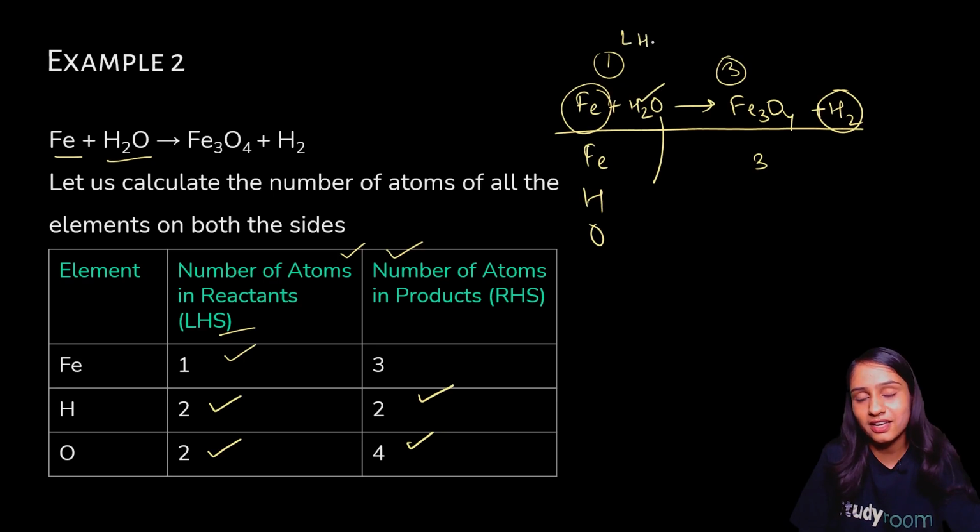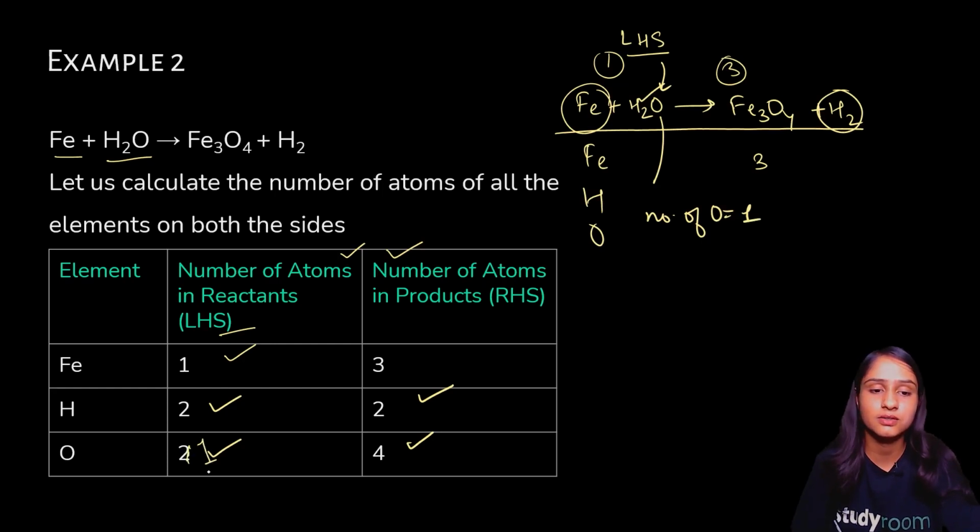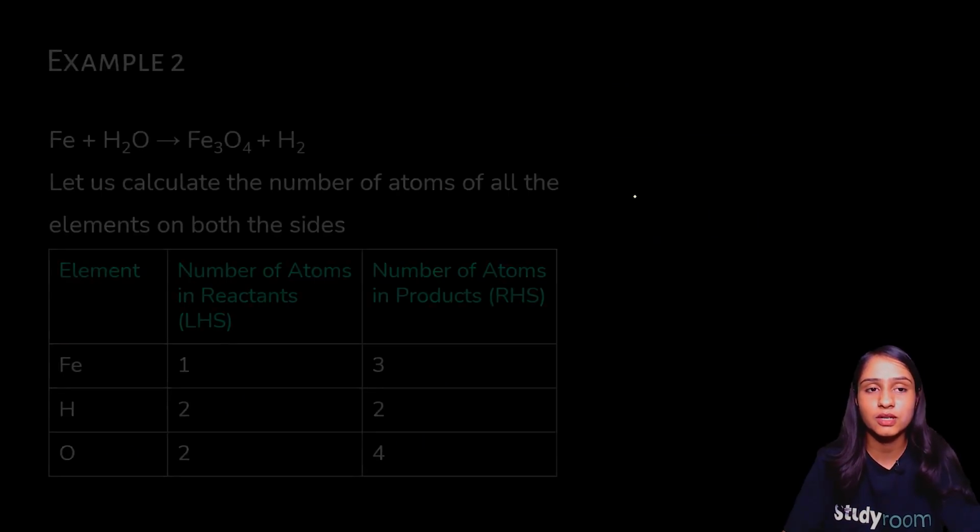On the left hand side the number of O is 1. So the number of oxygen is 1. The number of oxygen atoms in the product? 4. Okay, so we need to balance this equation because this is not following the conservation of mass.